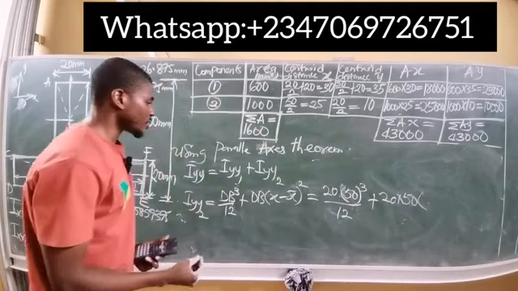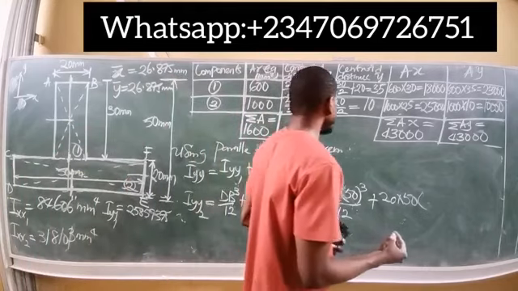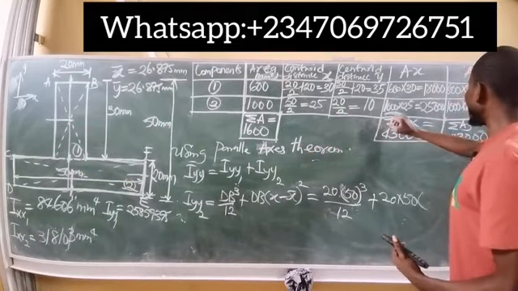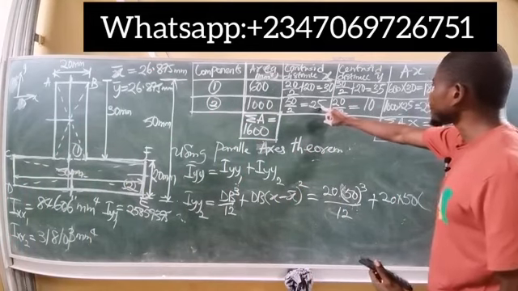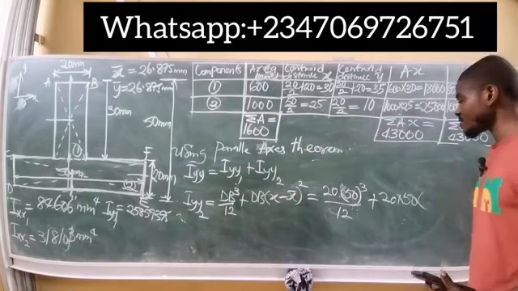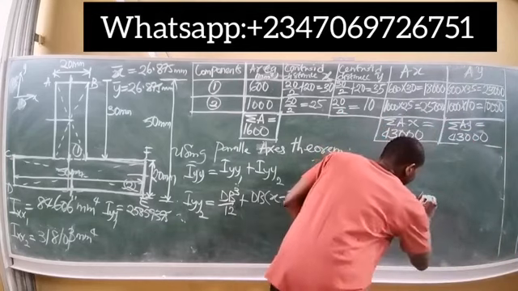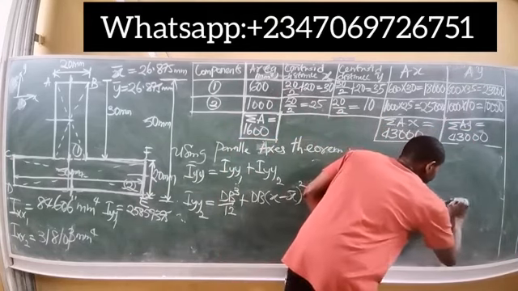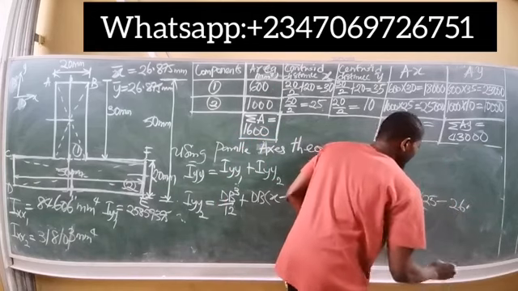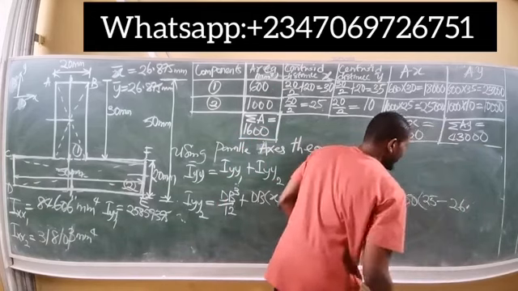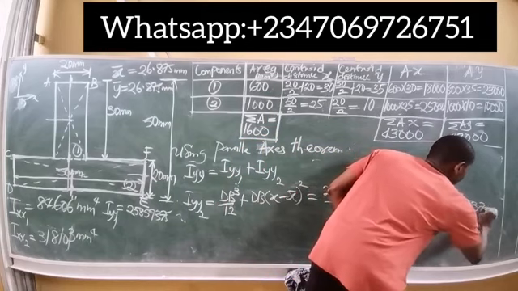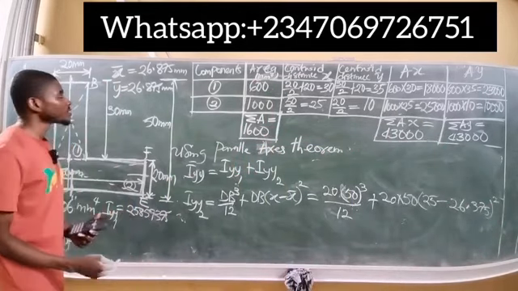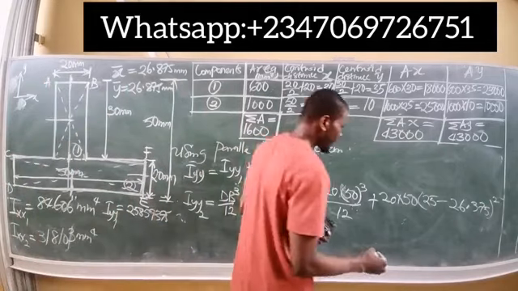Into the central distance x for the second component, which is 25. So you simply have 25 minus the centroid x, which is still 26.875, all squared. Sorry, this is 875.